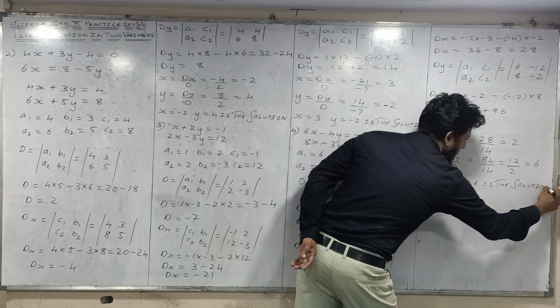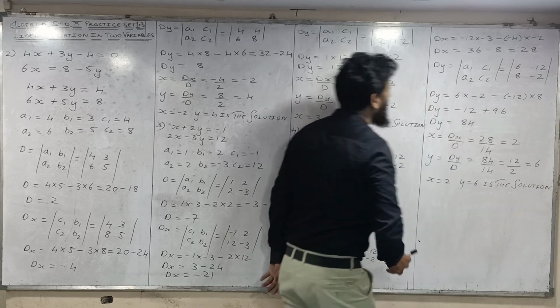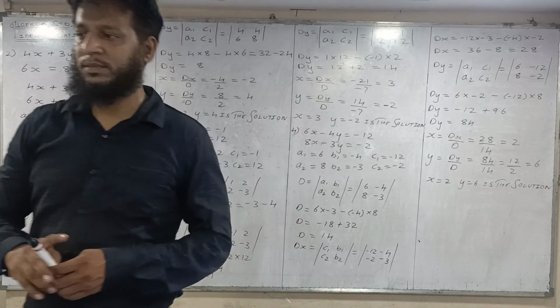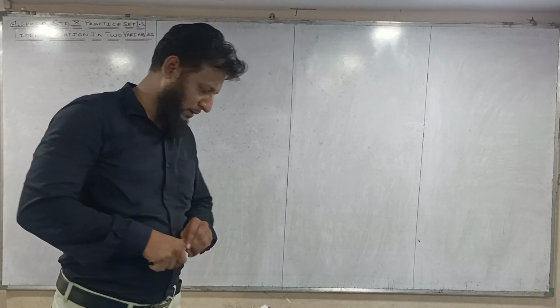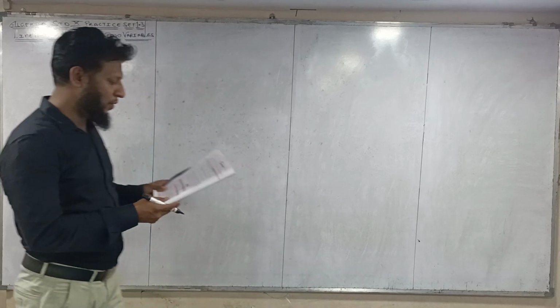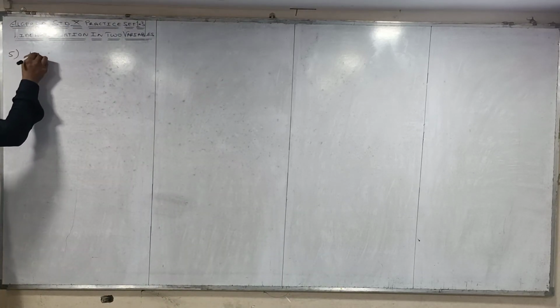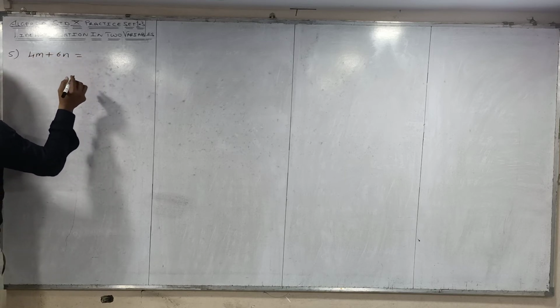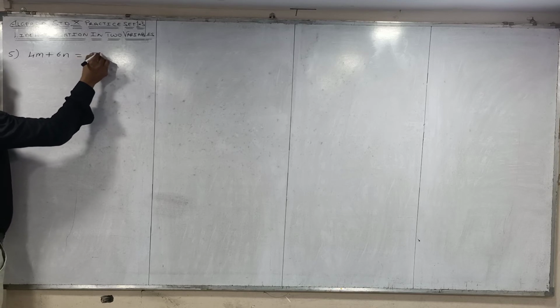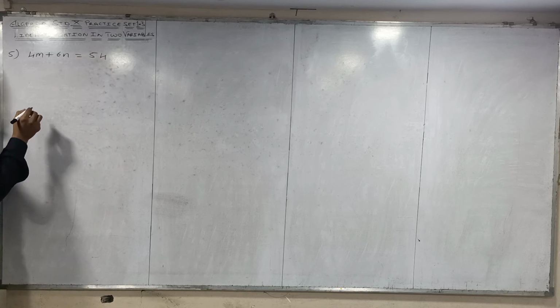So the fourth sum is finished. Now come to the fifth sum. Question number 5: 4m plus 6n is equal to 54. This is the first equation.